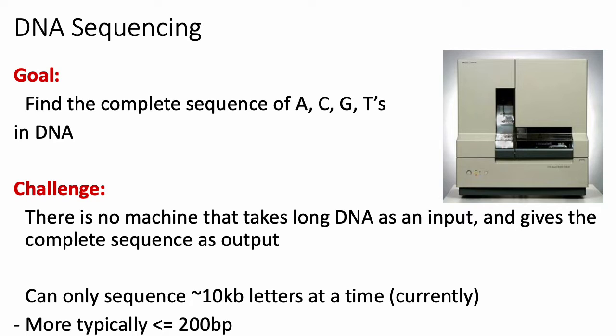So typical sequencing technologies, depending on which one you use, can really only sequence a couple hundred base pairs or up to say 10 kb at a time. More typically, if you're using Illumina sequencing machines, you're sequencing somewhere on the order of less than a few hundred base pairs.